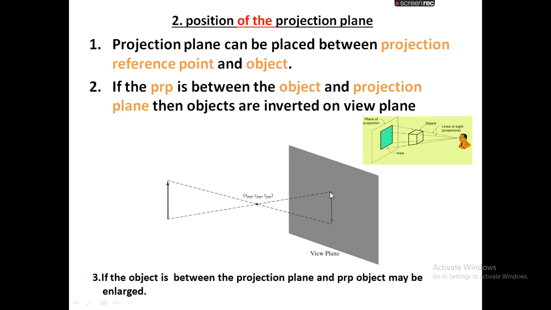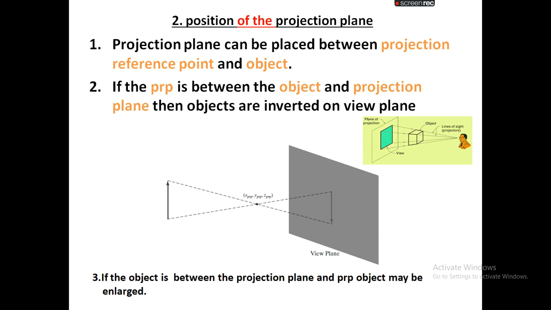As you can see, I kept the object here, which is one line segment, and we have a projection reference point here. If the projection reference point is between the object and the view plane, then definitely we'll get an inverted object image on the view plane. As you can see, the arrow is in the upward direction. This is one line segment in the space.